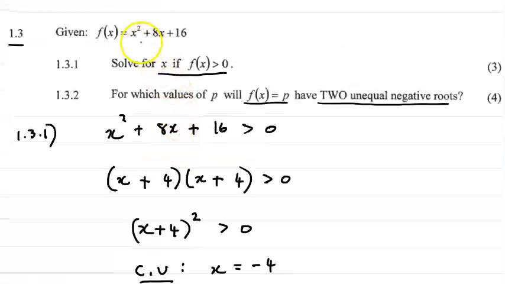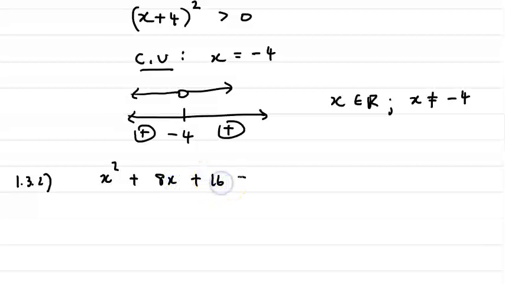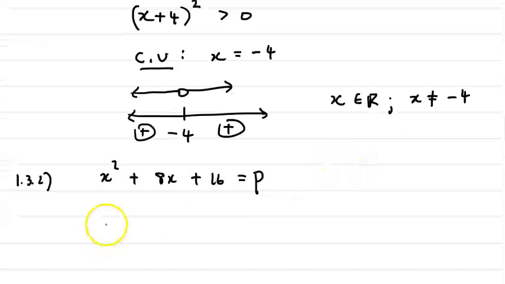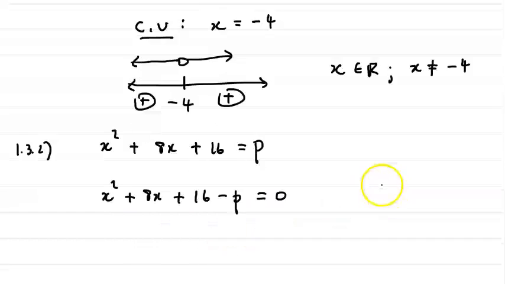Here we have x squared plus 8x plus 16 equals p, and we'll have x squared plus 8x plus 16 minus p equals 0.